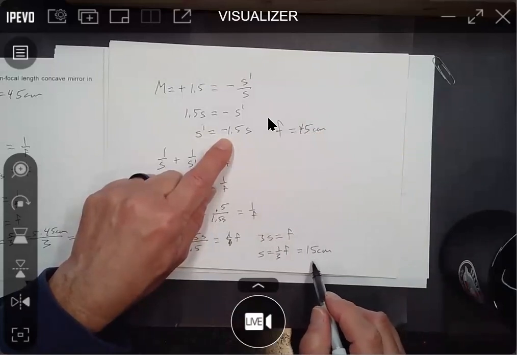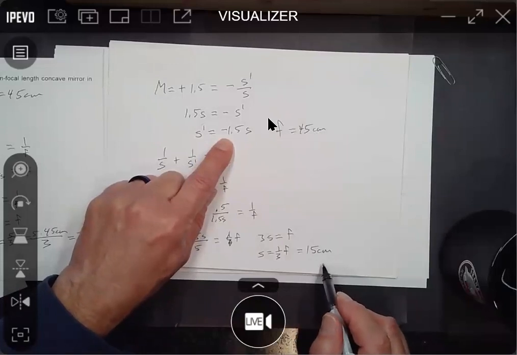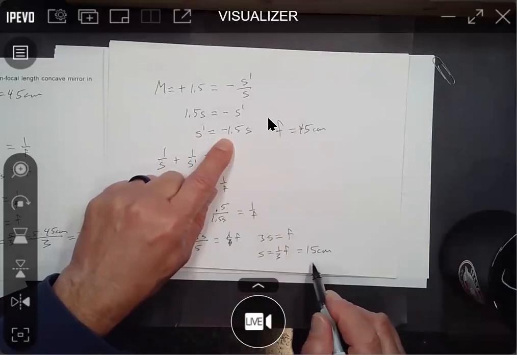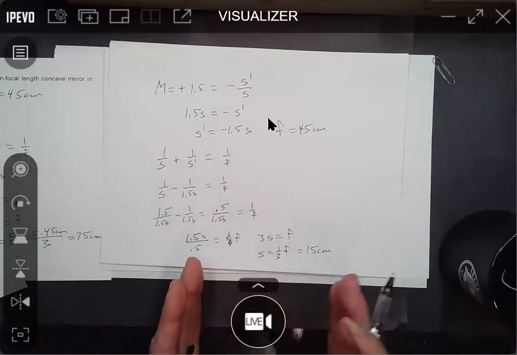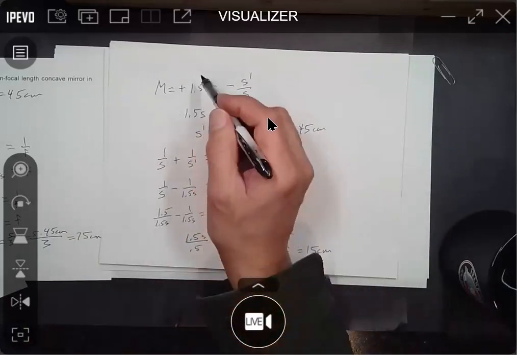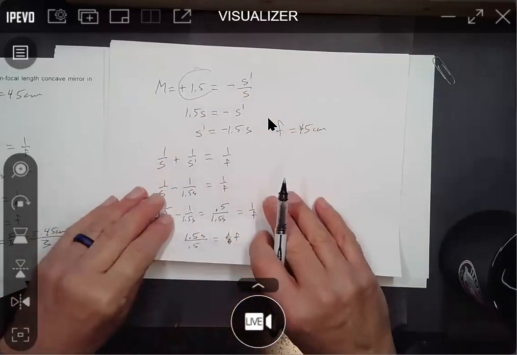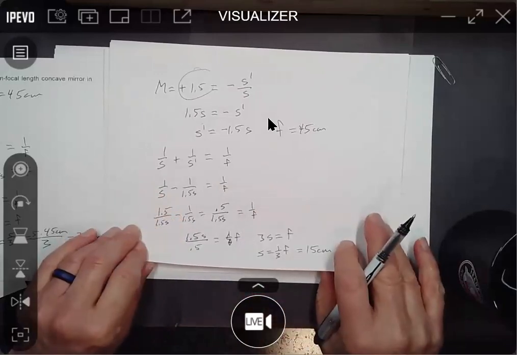So s prime is going to be 22.5 centimeters. That's 1.5 times 15, 22.5 centimeters behind the mirror. And in that case, we get positive magnification. We get a virtual image and positive magnification. Oof. Okay.